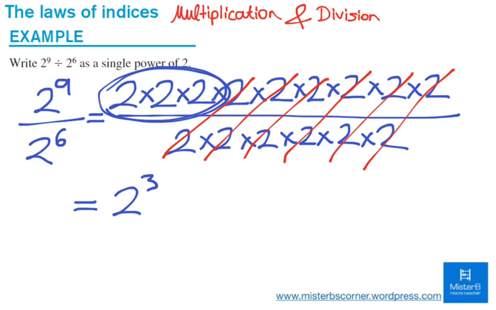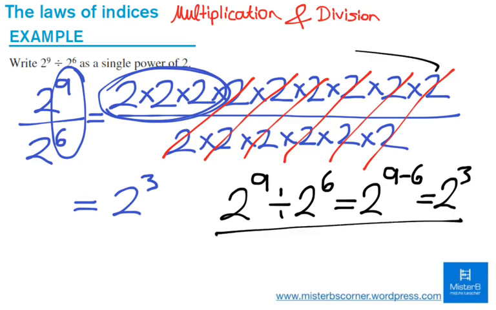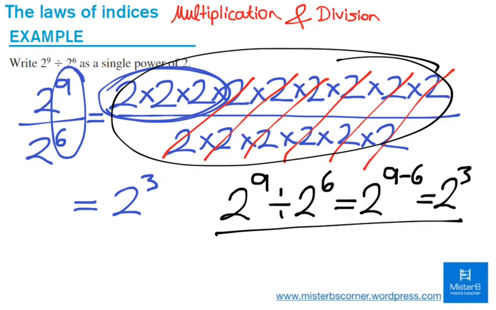On the other hand, instead of doing this, I can just write down 2 to the power of 9 divided by 2 to the power of 6 is basically 2 to the power of 9 minus 6, which is 2 cubed. I can do this instead of showing the full work, because when I divide, I just cancel these out. So basically, I take away the powers to find the single power.